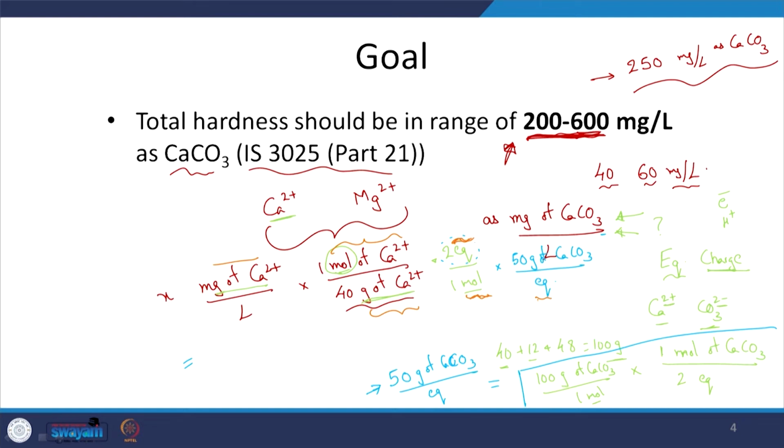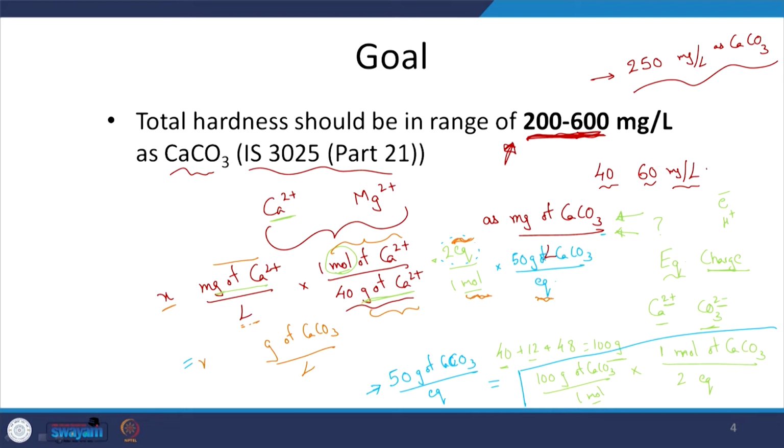So, equivalents and equivalents you can cancel out, and then the units finally are grams of CaCO3, or mass of CaCO3 per liter, which is always here. Now we see how we can transform the units from mass units of calcium to express them in terms of CaCO3. Let us just see what it entails.